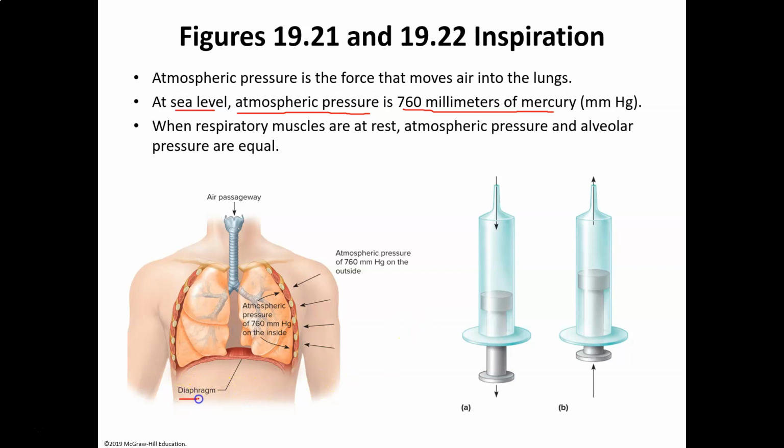That's done primarily by the diaphragm. The diaphragm is a muscle that lines the bottom, all along the bottom of both lungs. When it contracts, it does what this plunger is doing. So that plunger goes down. So it's pulling down. As it pulls on the lungs, it pulls on the pleural membranes, it expands the thoracic cavity. It makes the thoracic cavity bigger.